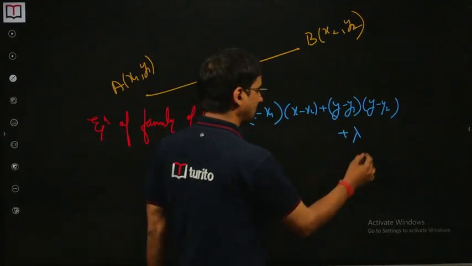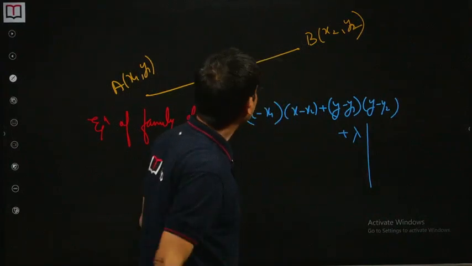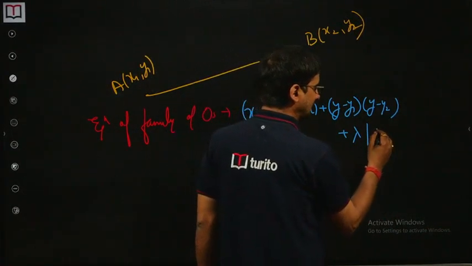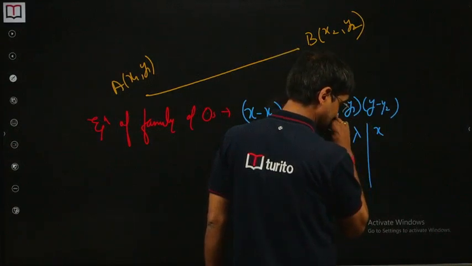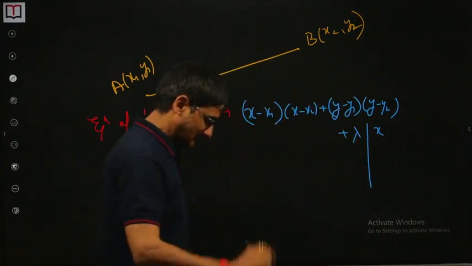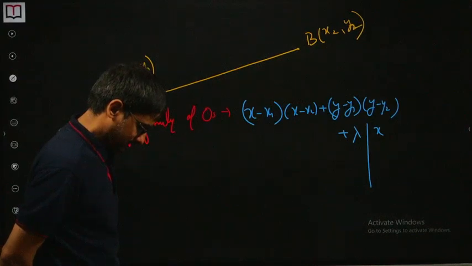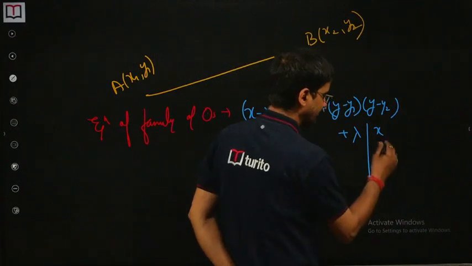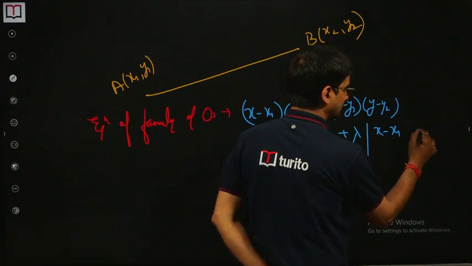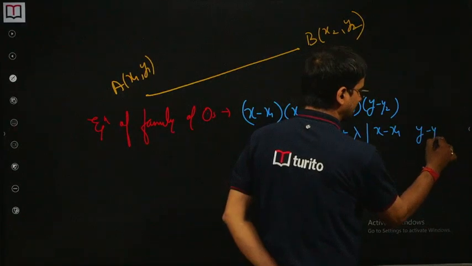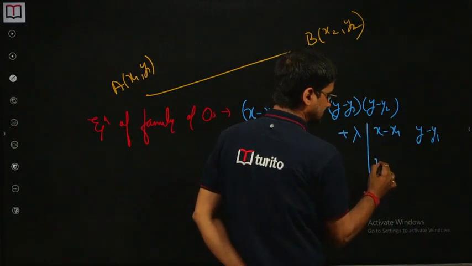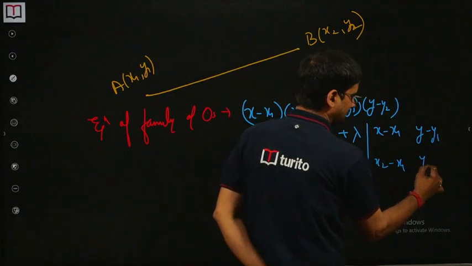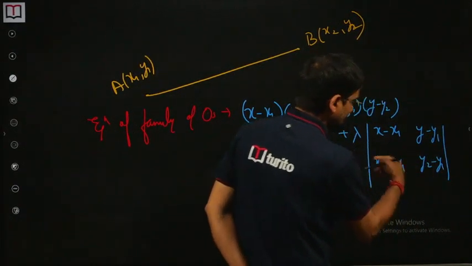And the equation of the line in this form is, what is it? Wait. X minus x1 and then y minus y1, x2 minus x1, y2 minus y1. Isn't that?